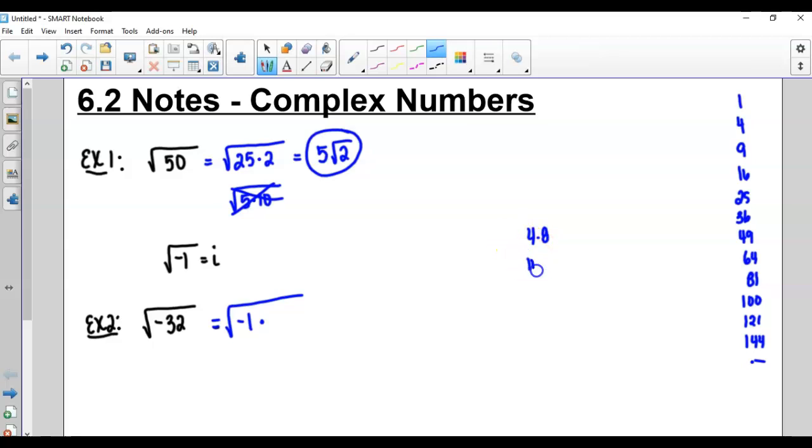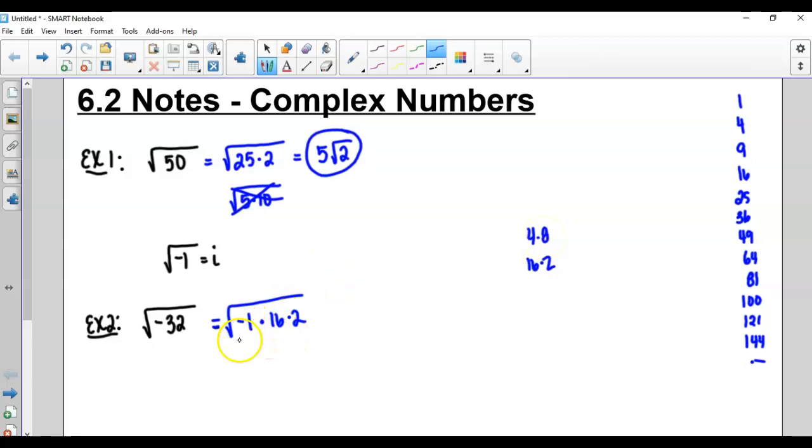I could use 16 times 2. It is always best whenever you're doing these problems to use the largest perfect square that will go into the number. So 16 times 2 would be best to use.